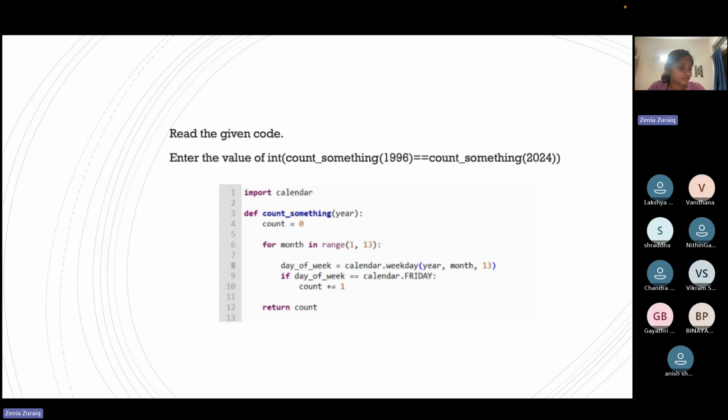So now you understand the logic of the function we have figured out. So try to give me what this expression returns. Okay. Someone says 0.